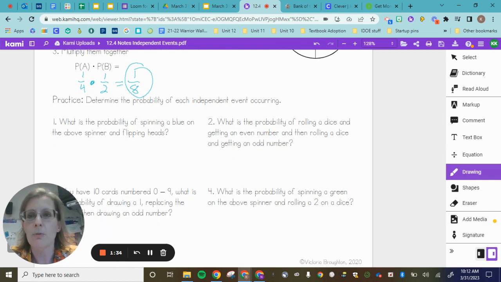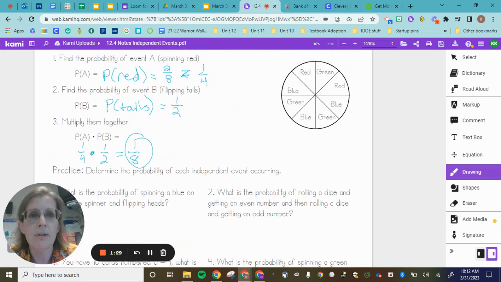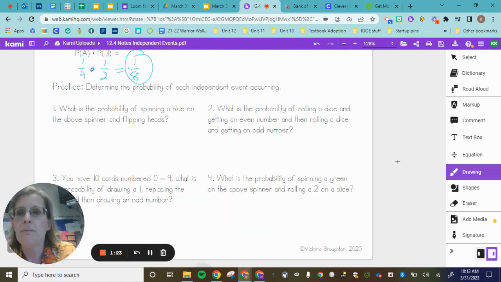Number 1 says, what is the probability of spinning blue on the spinner and flipping heads? So the probability of a blue one, there are 1, 2, 3 blue ones. So the probability of blue is 3 out of 8.